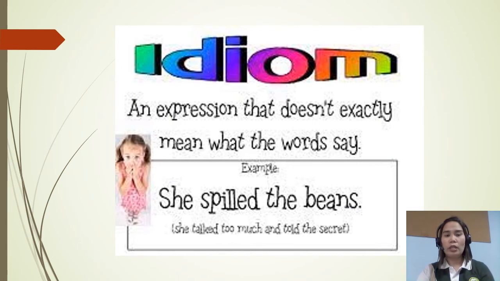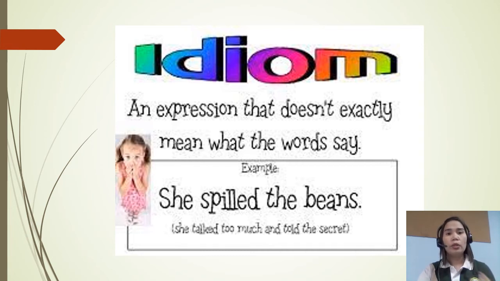Next, we have idiom. So we already discussed it in our previous lesson, right? So an expression that doesn't exactly mean what the words say. So these are the words or expressions that take a deeper or different meaning from the combined literal meaning of all the words.